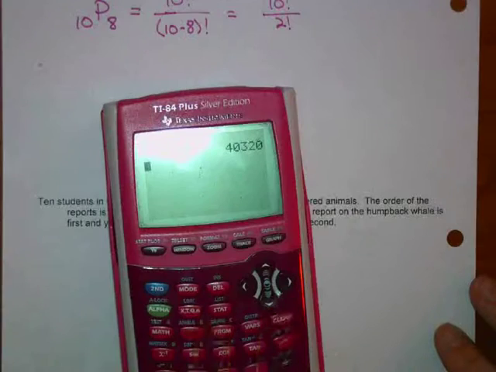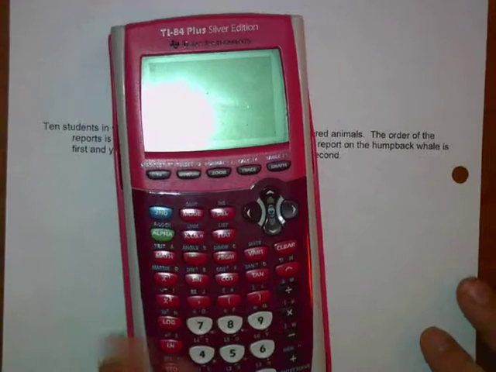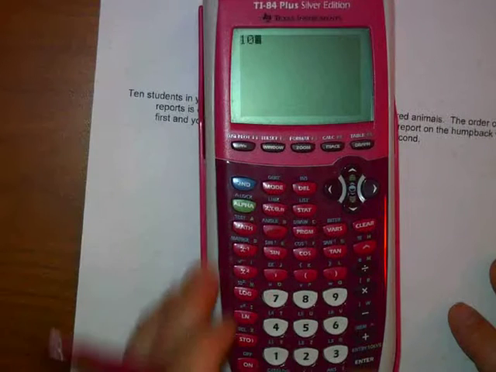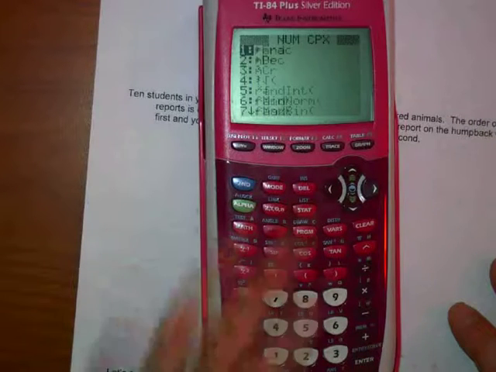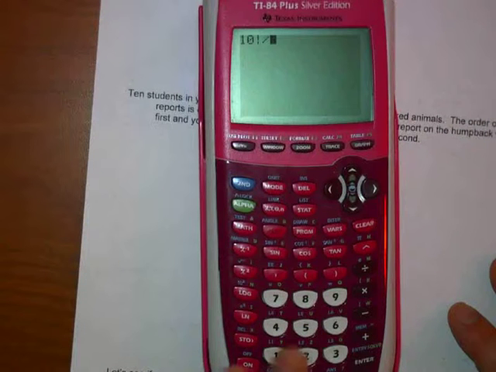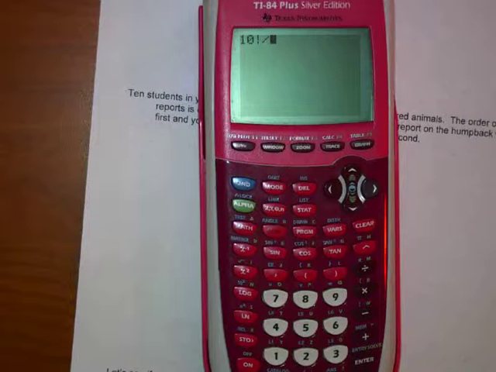So let's do that on the calculator. It's a huge number. Let's do it so everybody can see. You ready? 10 factorial divided by, what's 2 factorial? 2 times 1, which is, wait, what's 2 factorial equal to?